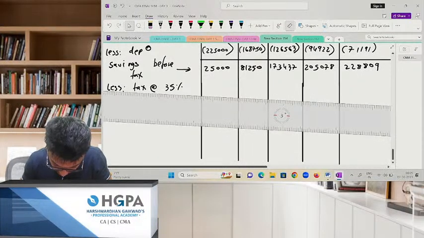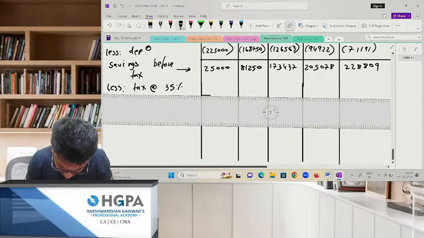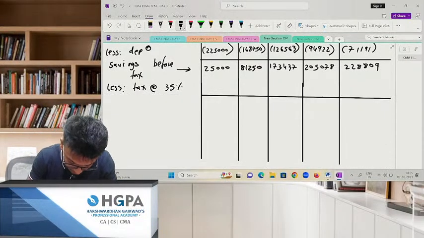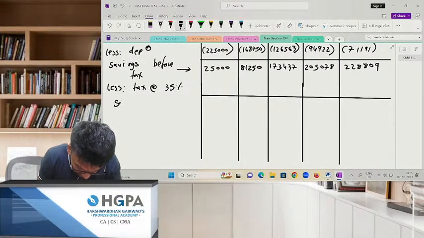Chalo, chalo. Savings after tax. And next, last, you add back what?